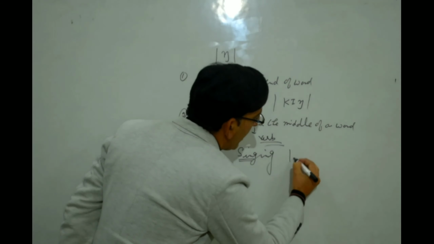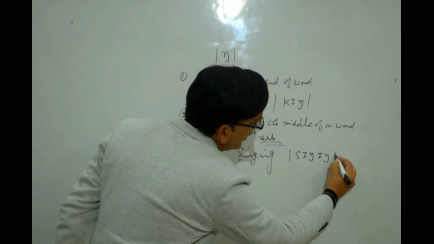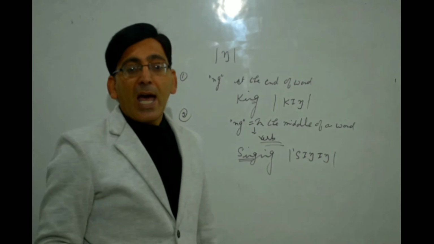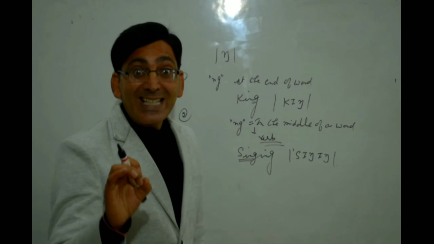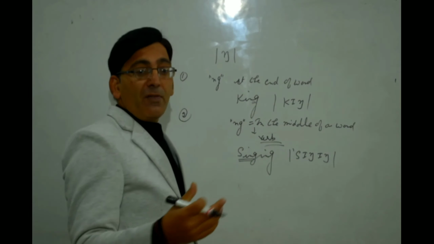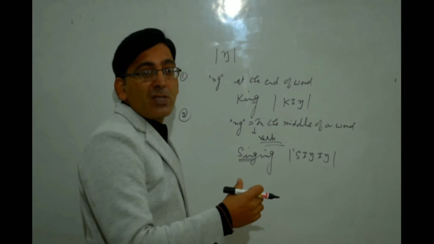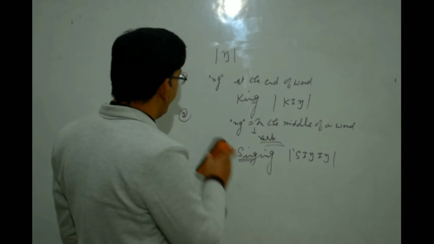So it will be pronounced as this one. So you must remember, if it is a verb, in the middle of any word also it is pronounced as a clear NG.